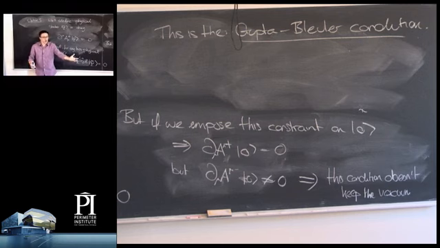Impose the constraint as an operator condition, impose the operator condition on states, or finally, which is clearly weaker, impose that the particular operator, which is the constraint, has vanishing matrix elements on what we want to call physical states. Okay? It turns out that it's this weaker condition that's the right thing to do. The weakest thing you could possibly do is the right thing to do to get a sensible theory.